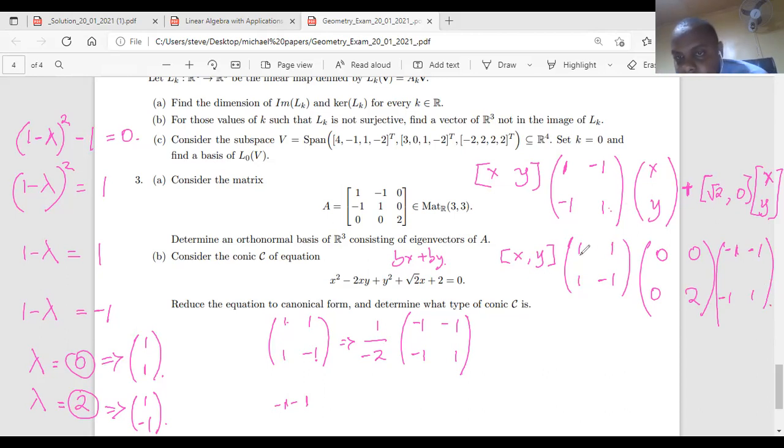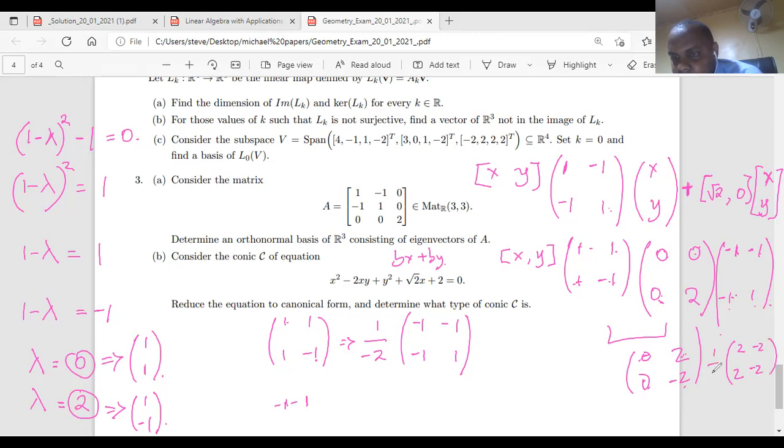So let's see. 1 times 0, 1 times 0, that's 0. Then we get the matrix with entries 0, 2, 0, -2.